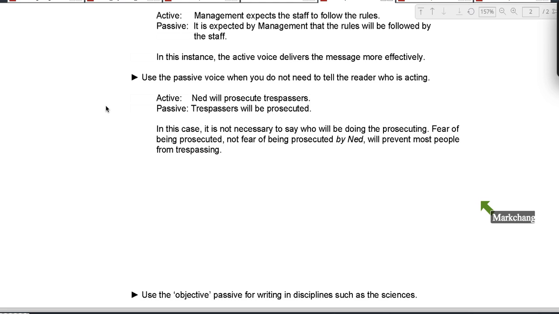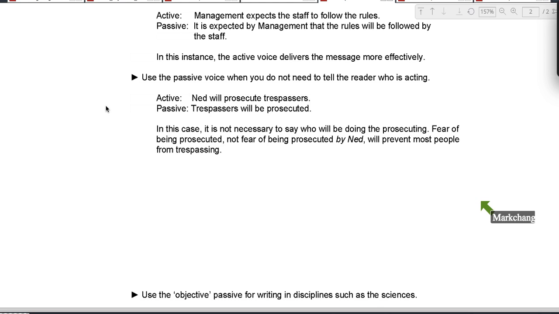So you see active voice: Ned will prosecute trespassers. Now in passive voice it will become: trespassers will be prosecuted.